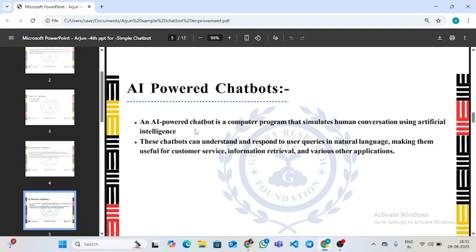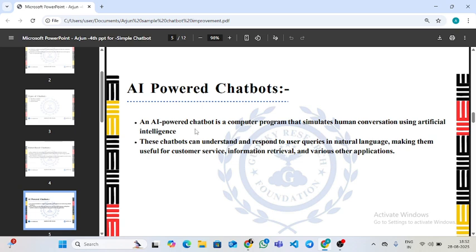An AI-powered chatbot is very effective and efficient for chatting. It is a computer program that simulates human conversation using artificial intelligence. The chatbot can understand and respond to user queries in natural language, making it useful for customer service, information retrieval, and various other applications. This is the simple definition you have to consider.